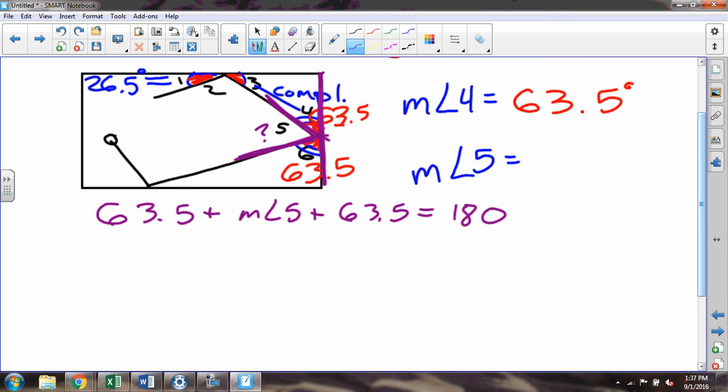Frankly, I don't expect to see people write that equation down in purple. I'm writing it down to show you the way that I'm thinking about it. What I expect most people will do, instead of writing it out like this, is just add up the 63.5 together, or just double it, which would give you 127.